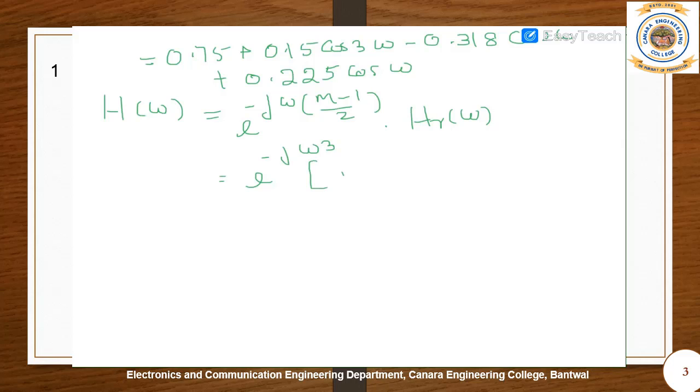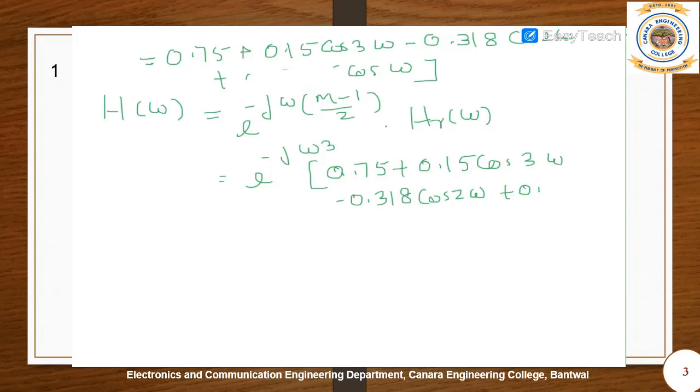HR of omega is 0.75, 0.15 cos 3 omega minus 0.318 cos 2 omega plus 0.225, it is 0.225 into 2, so this should become 0.45. So 0.45 cos of omega. This is the answer.